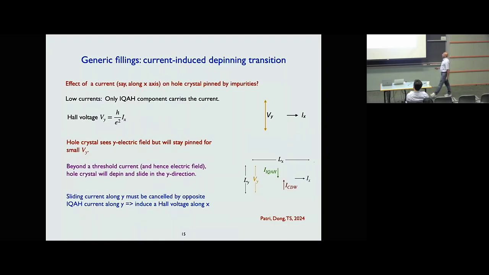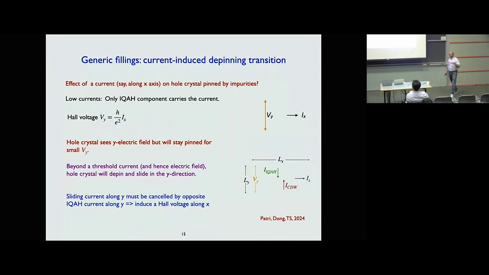At low current, only the integer quantum Hall, the nu equals 1 component, will transport the current, and that will lead to a Hall voltage, which is the familiar one. The electric field is along the y direction.